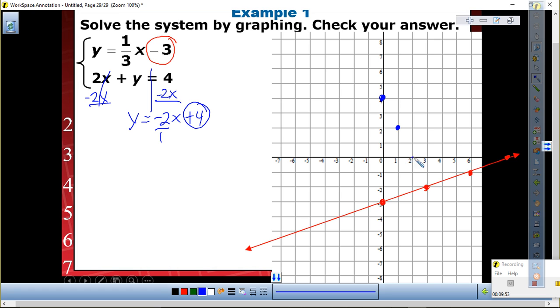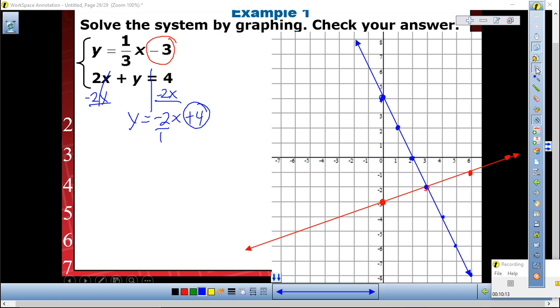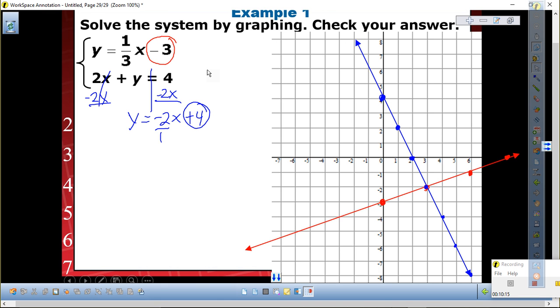Down 2, 1 to the right, plot our point, and again, until you have enough points. Graph your line. Once again, make sure you sketch your line all the way through the coordinate plane, okay?